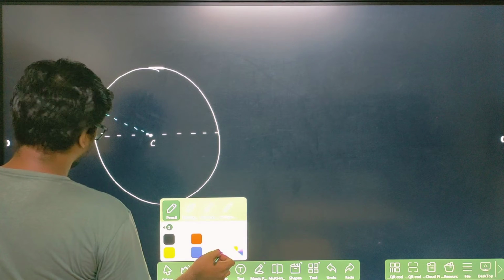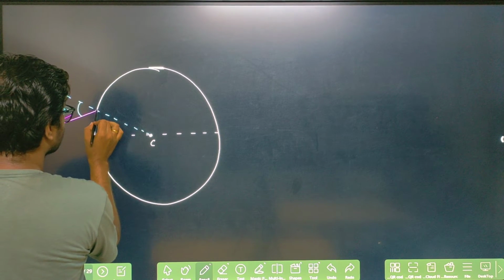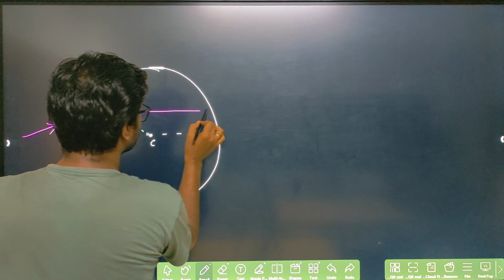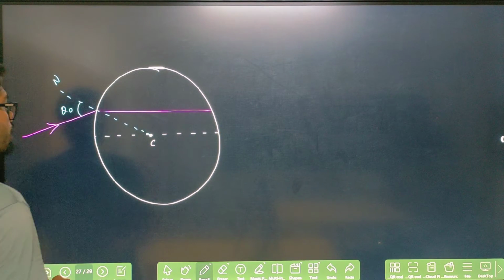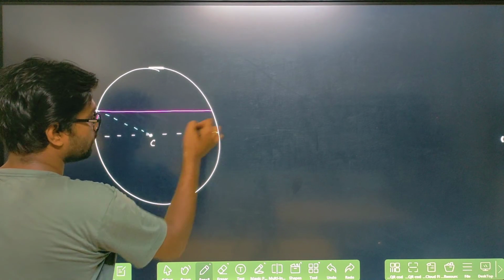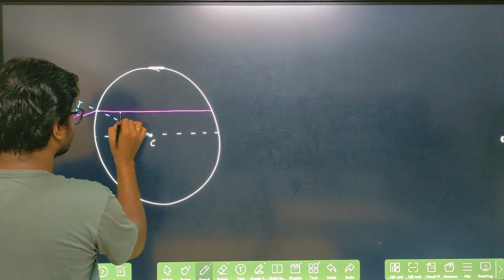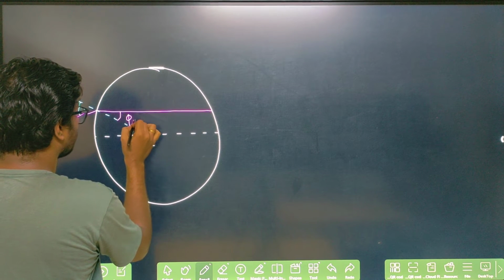Now the ray is traveling, obviously the ray will slightly deviate towards the normal and it will, let's say, move like this, right? If it is moving like this, again it will be partially reflected, clear? It will be partially reflected, and this angle they have given as phi naught.